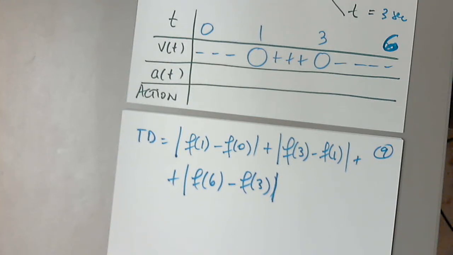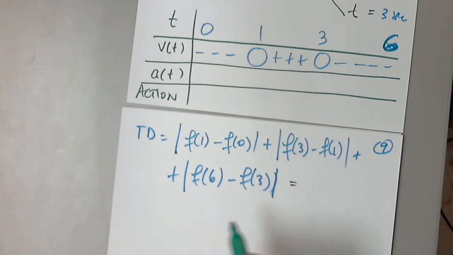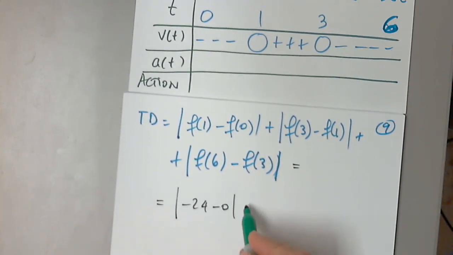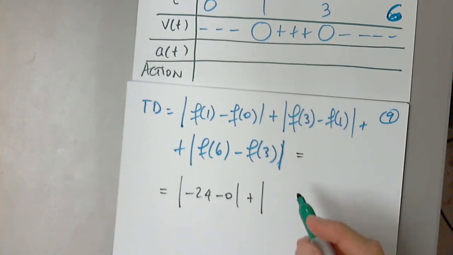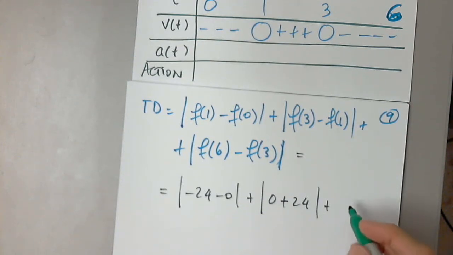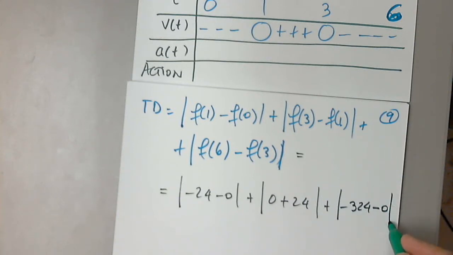In the table, I want 0, 1, 3, and 6. Now I copy f of 1: the absolute value of -24 minus 0, plus f of 3, which is 0, minus f of 1, which is -24, so plus 24, and plus f of 6, which is -324, minus f of 3, which is 0.